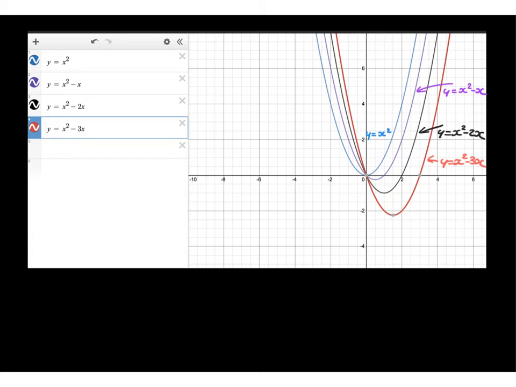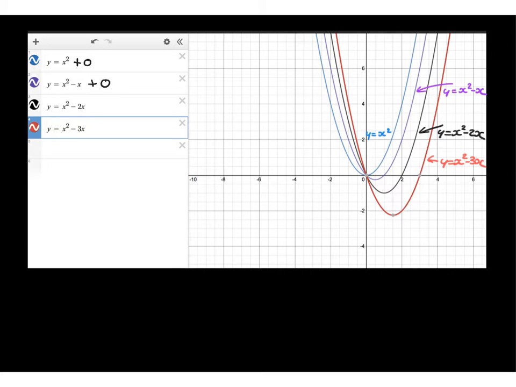As part of your investigation, I also asked you to look carefully at where graphs cross the x and y axis. Now, in each of these cases, the graphs cross the y-axis at 0, at the origin. Now, why is that? Well, think back to the earlier part of the work. We haven't got a single number at the end of each equation, so effectively it's plus 0 in all of these cases, which is why the graphs cross the y-axis at 0.